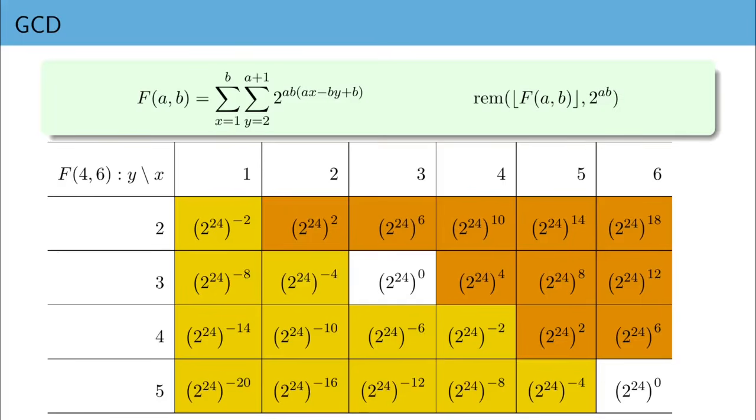What's going to be left is just the 2 to the 24th to the 0 terms, the ones that aren't highlighted. Each of these is 1, so all that's left is summing up a bunch of 1s, so we get a count of the number of solutions to ax minus by plus b equals 0 in the given range. In this case, there are 2 such solutions, which is the GCD of 4 and 6.